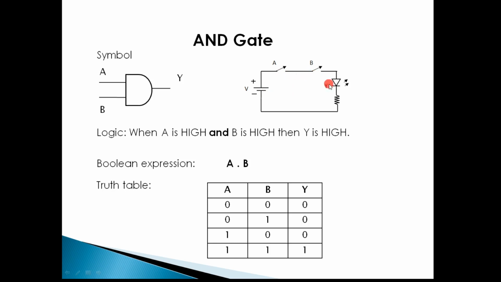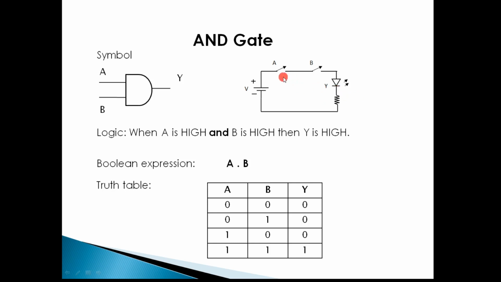When there is current flow through LED, the LED will glow, and the glowing condition of LED can be considered as high output, and the closed conditions of switches are considered as high inputs. So, you can see here in this circuit, when A and B both the switches are closed, then only there will be current flow through the loop and the LED will glow. That means when A and B both are high, Y will be high.